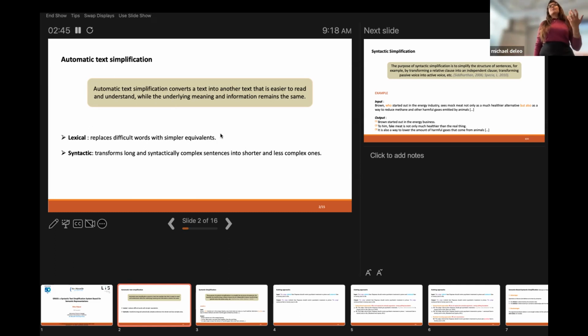And we have syntactic simplification. Here we are working on the structure of the sentence.